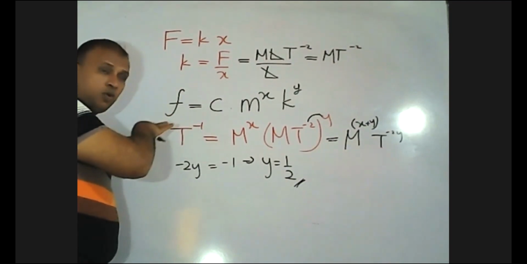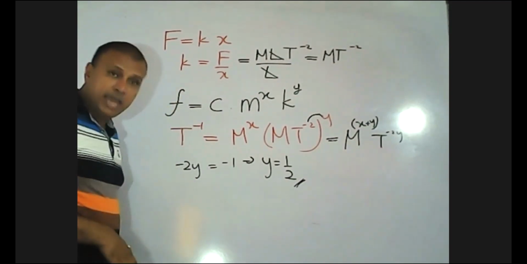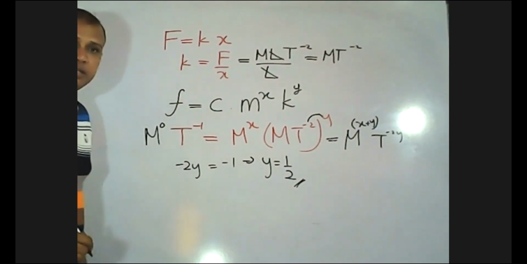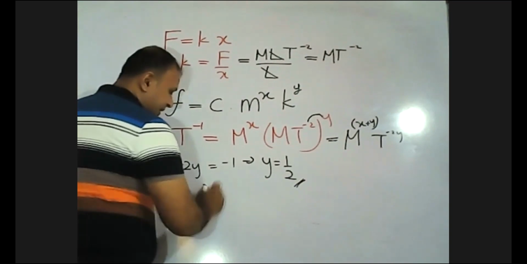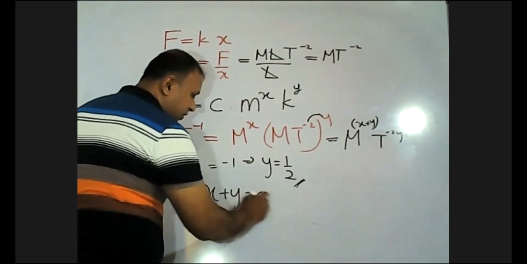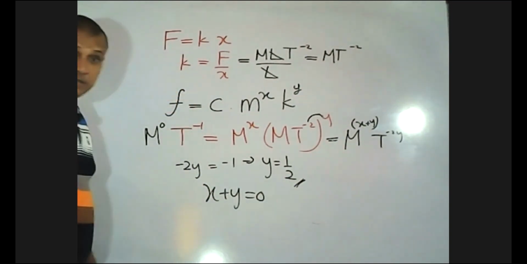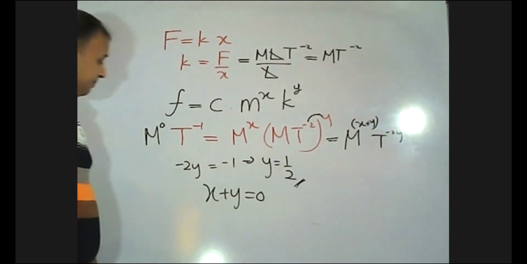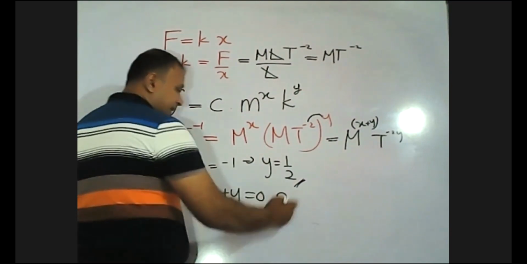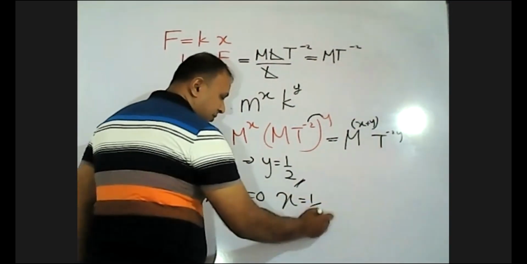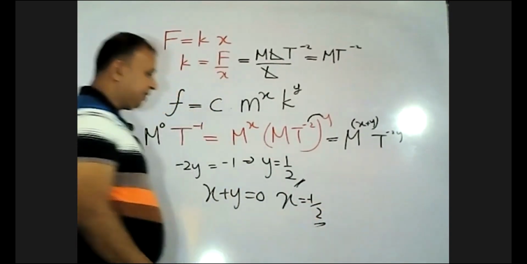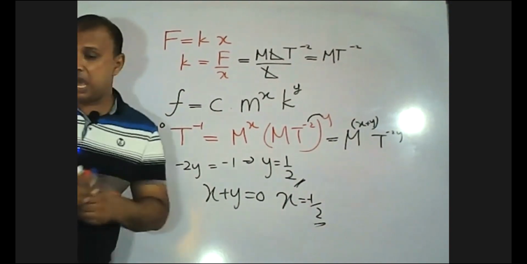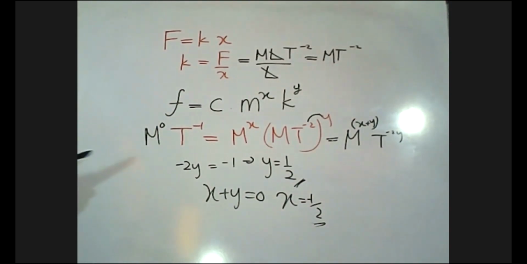Therefore, x plus y should be equal to 0. You have determined the value of y. Then x is equal to minus half. So x is equal to minus half, y is equal to plus half. So the answer is answer number 4.